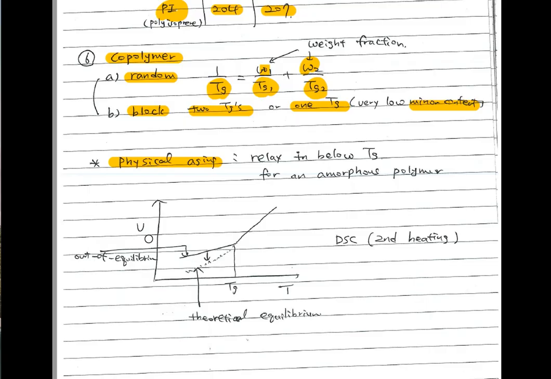You remember the graph, the specific volume as a function of temperature, right? Remember that as you decrease the temperature from the liquid state, at Tg, it changes the slope, something like this, right? That's how you measure Tg, right?